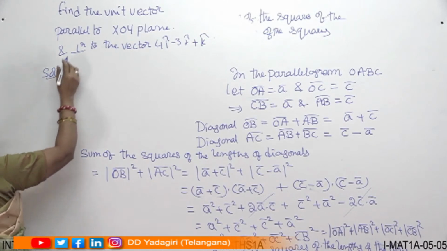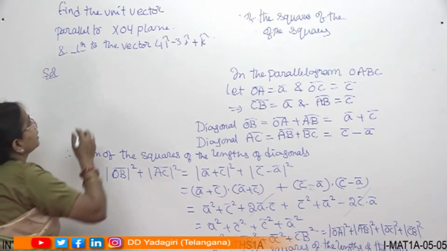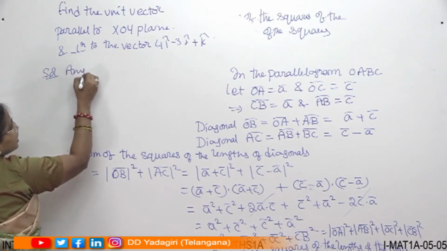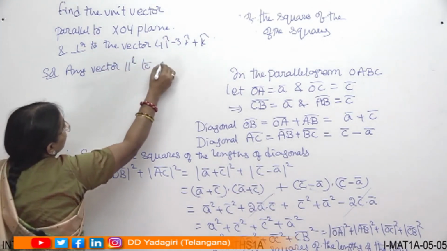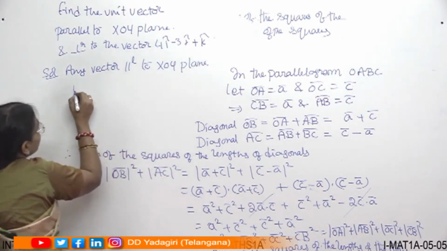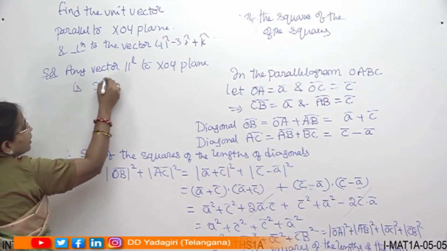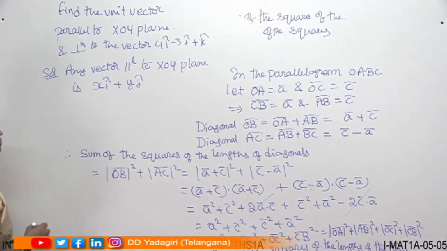Any vector parallel to the xy plane will contain only i and j terms, k will not be there. So any general vector parallel to the xy plane is of the form xi plus yj.